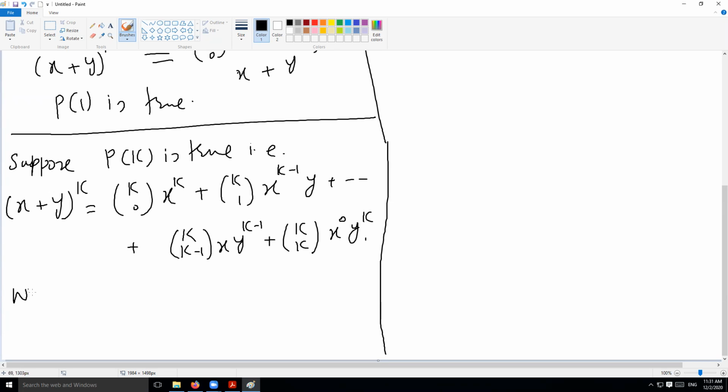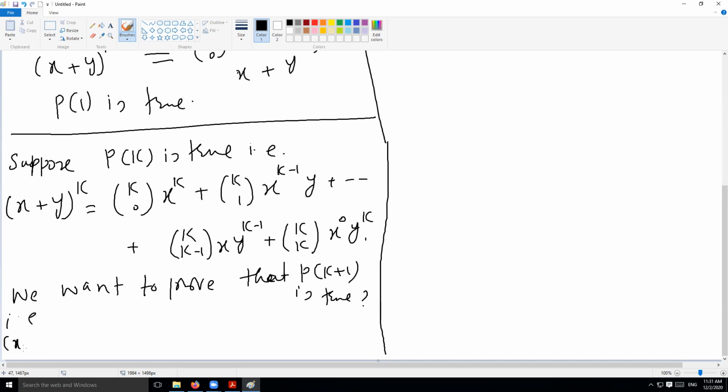And now we want to prove that P of k plus 1 is true. This is what we want. That is, we would like to show that (x plus y) power k plus 1 gives you what? k plus 1 choose 0.